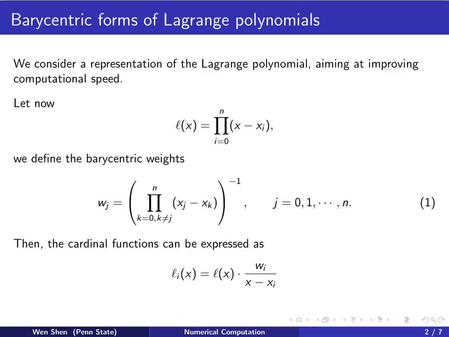So we see that in this product term there is a term x minus xi, so there would be cancellation for when x is not equal to xi. And the reason for representing it in this specific way will be clear later on after further manipulations.